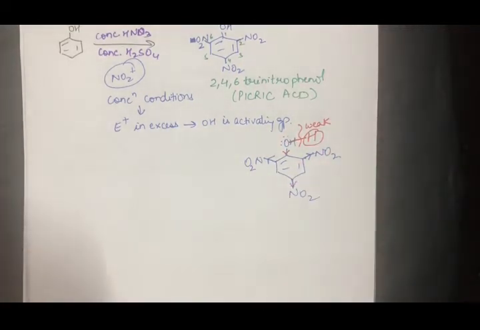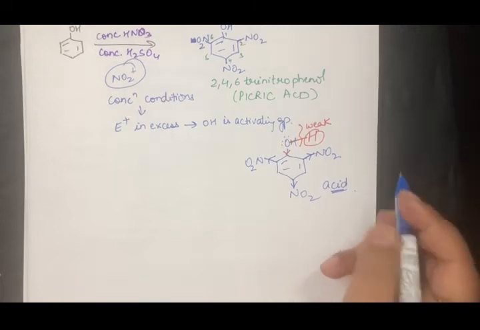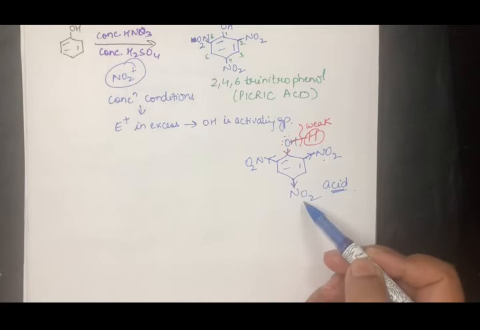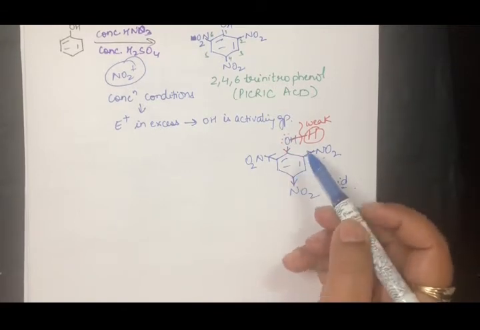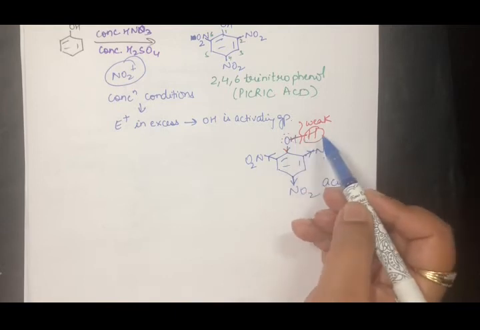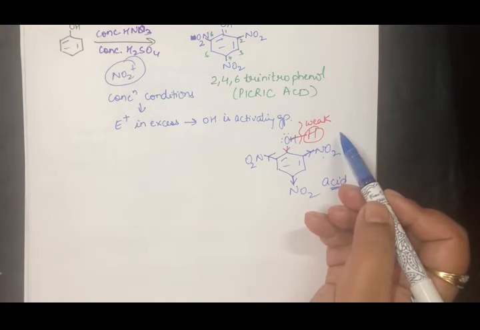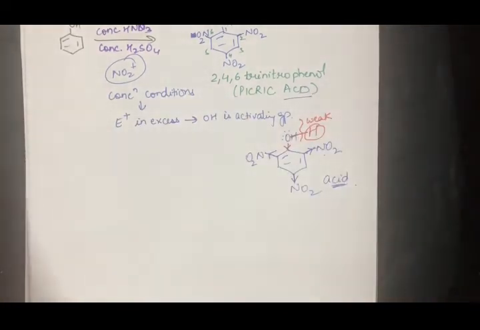Since this is easy, it will be called an acid. I will explain again. There are three nitro groups which will withdraw the electrons from the benzene ring, and the OH group will give electrons towards the benzene ring, which in turn will weaken the OH bond here, and H can be released easily from this compound. Hence we say that this compound is behaving like an acid.